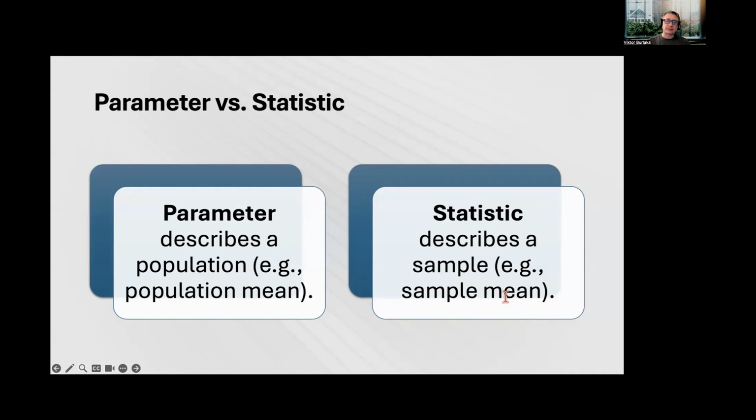A statistic describes a sample, like the average income of 200 surveyed social workers. Since we usually can't study an entire population, we rely on statistics to estimate parameters and make informed decisions in research.